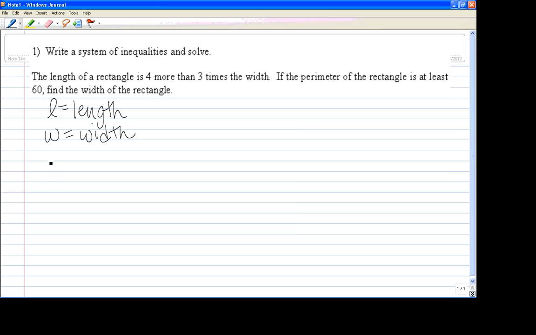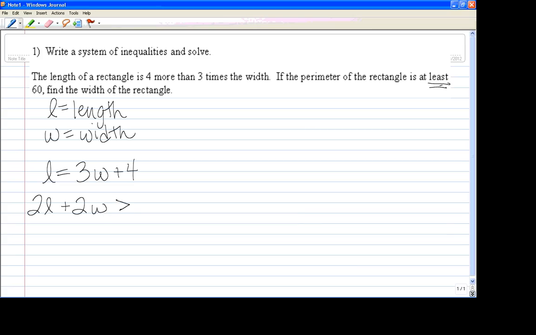The length of the rectangle is 4 more than 3 times the width. So we can get the equation: the length is 4 more than 3 times the width. Okay, and then also we know that the perimeter of the rectangle is at least 60. At least tells us that this is going to be an inequality. So the perimeter is going to be 2 times the length plus 2 times the width, and again it must be at least 60.